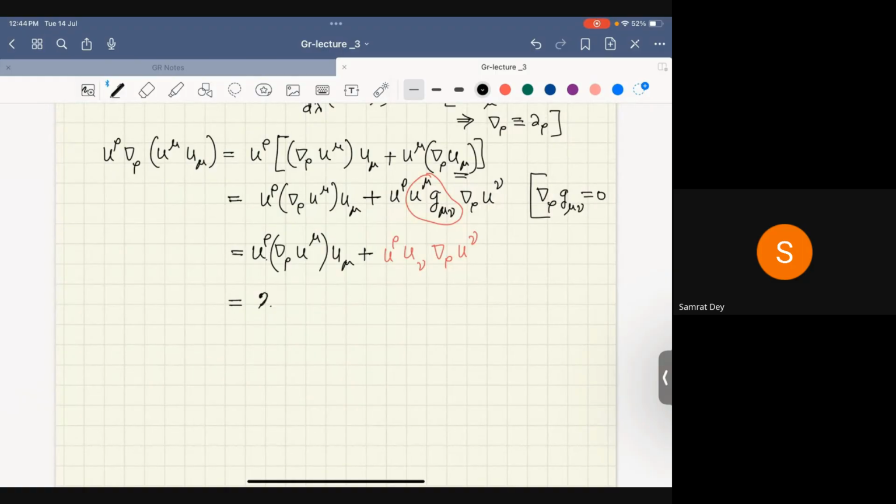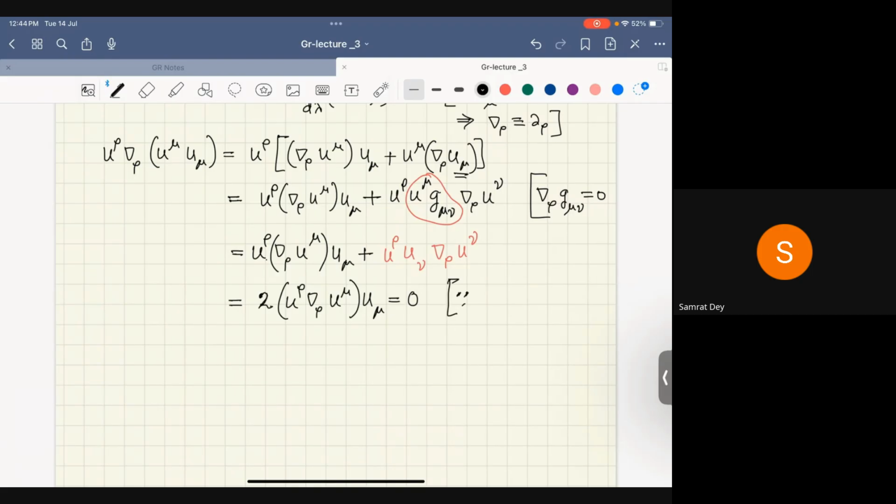Twice. So these are two same terms if you look at it carefully. The only thing is that this ν is summed over, so instead of calling it ν, I will call it μ. So this will give me twice u^ρ ∇_ρ u^μ u_μ equal to 0.